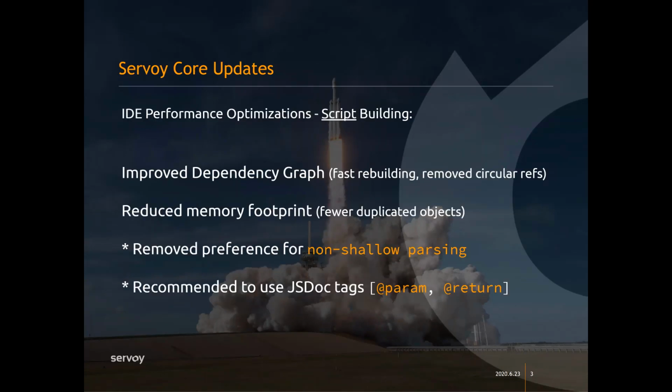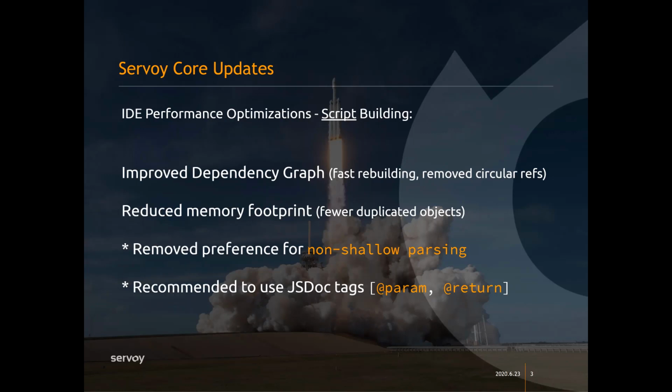In the core updates, we made a lot of optimizations in the IDE, and I'll go through those. First of all, script building, so that is the processing the IDE needs to do in order to give you things like code complete or build markers on your own code, has really been optimized.